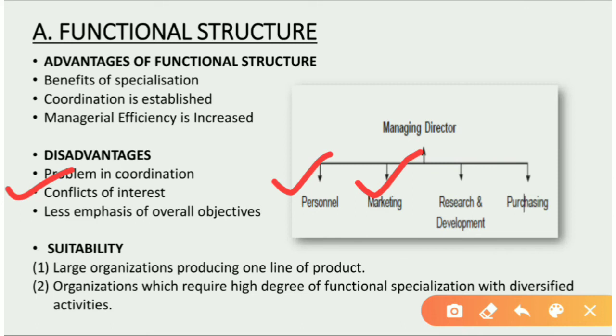They need more revenue, they need money to carry out that activity. But here the finance department is not giving the finance to them, because it will reduce the revenue.